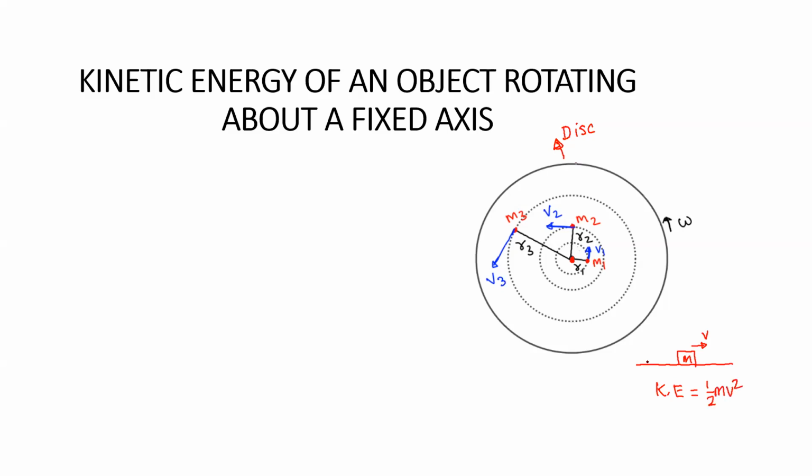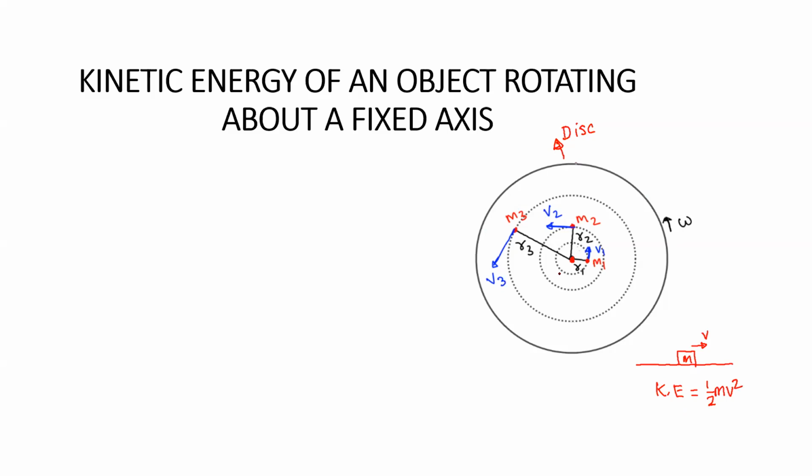Even when we talk about the kinetic energy of not just a particle but a huge object, like the disk here, the kinetic energy calculation will always start from its definition of half mv square.